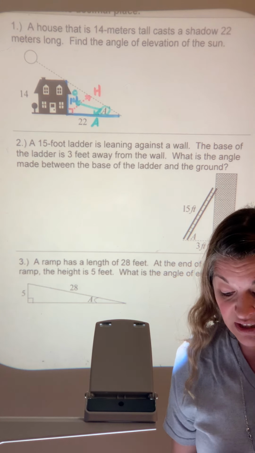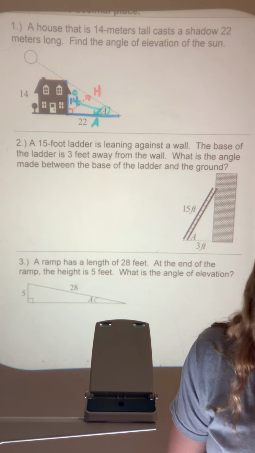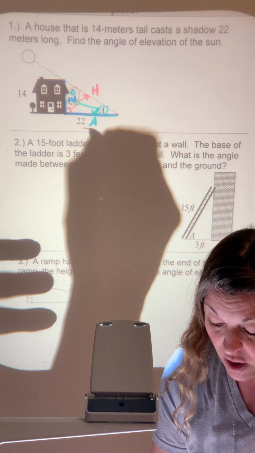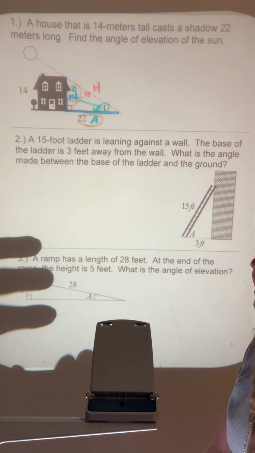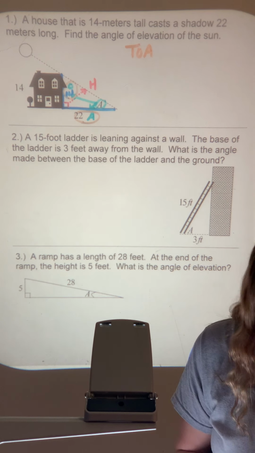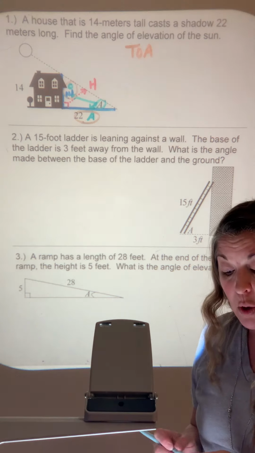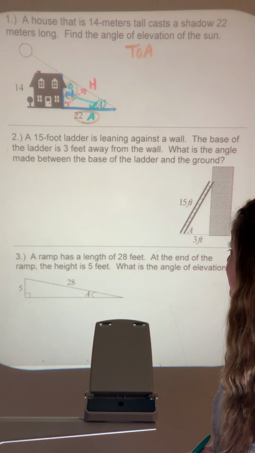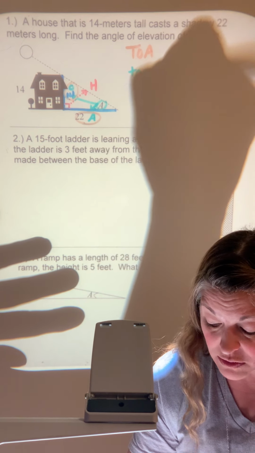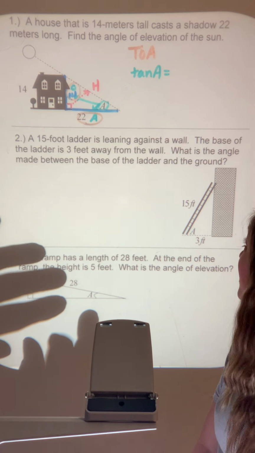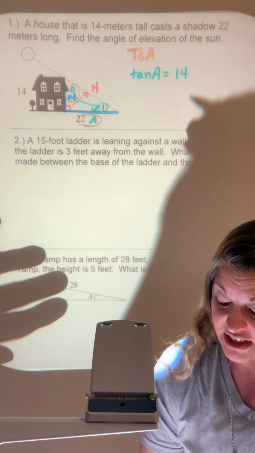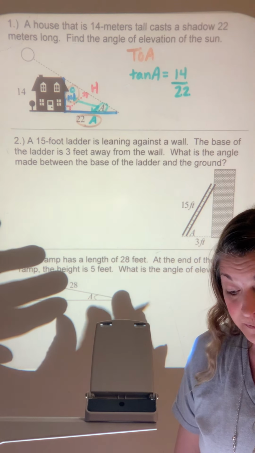So based on the information that we have, we've got our 14 on the opposite side and the 22 on the adjacent side. So based on SOHCAHTOA, that will be my TOA. The tangent is the only function that is using both the opposite and the adjacent. So we will do tan. Now we don't have the angle, we're just going to put A because that's the letter they use for the angle there. And then opposite, which is 14, over the adjacent, which is 22.